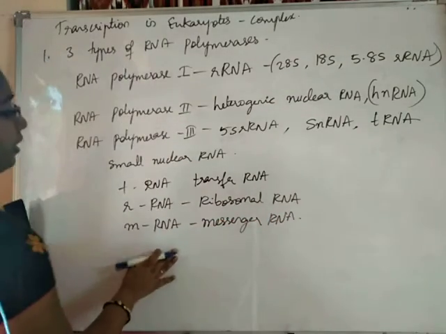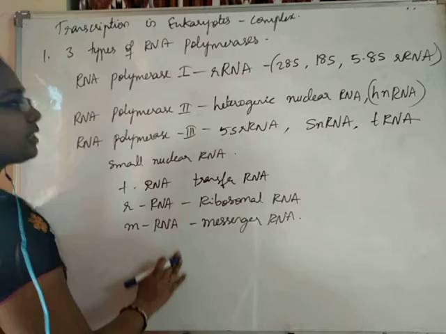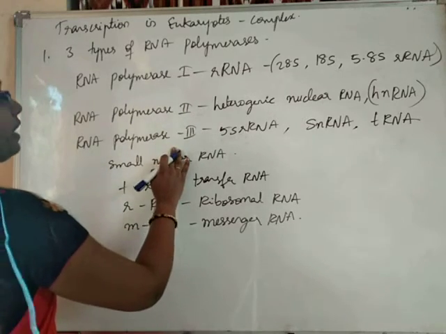In that way these are the 3 types of RNAs formed from the 3 types of polymerases in eukaryotes.